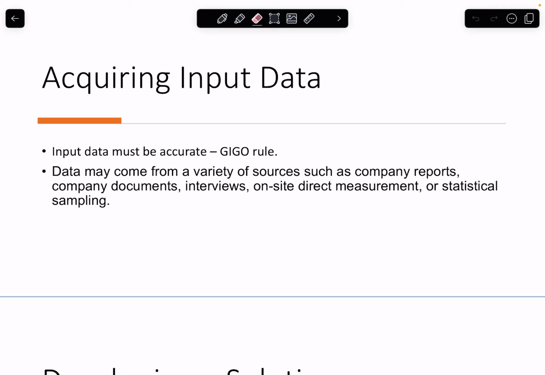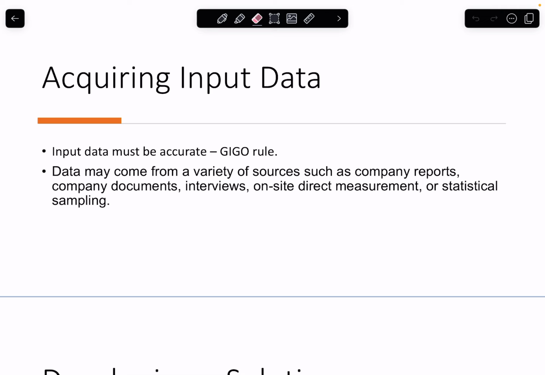If we want to improve the output in a production line, we have to look at the production data. From those accurate data, we will be able to arrive at a certain decision.